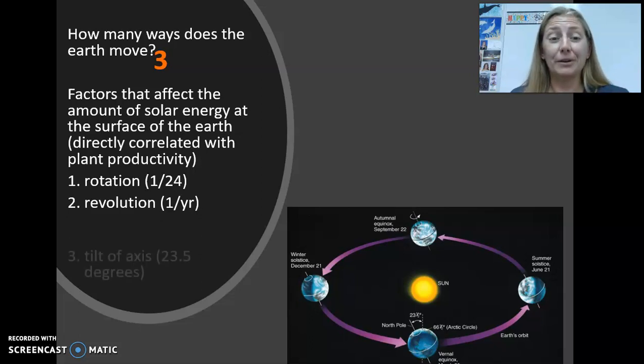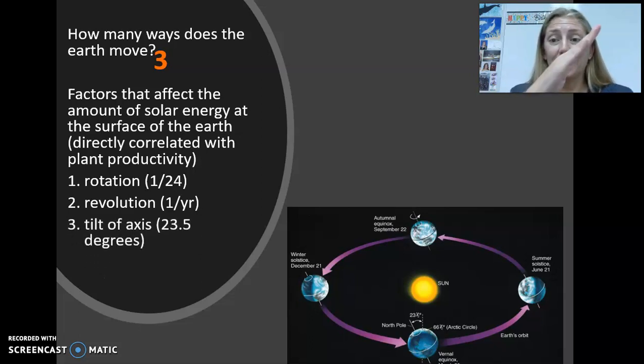And then the third way the Earth moves is by having a tilt on its axis, either being tilted towards the sun or being tilted away from the sun. And that angle of tilt is 23.5 degrees. I don't think it's important that you know that number, but just in case you wanted to know.